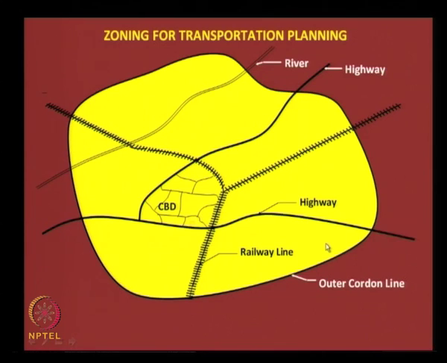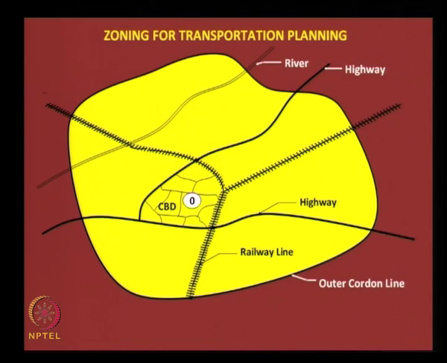Now, as we discussed, we divide the urban area first into sectors. So, sector number for CBD is 0. What is the boundary for sector 0? You can see boundary line is well defined. There is a major road here, another major road this part, and then railway line.